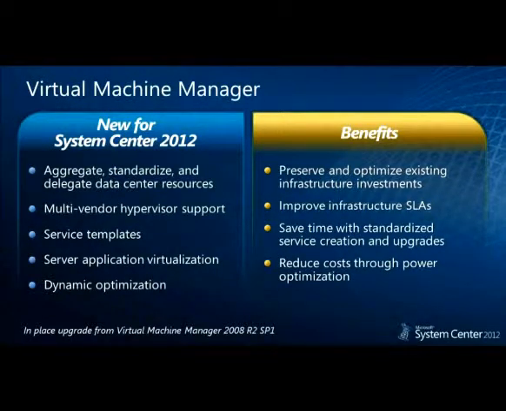Virtual Machine Manager also allows you to keep your private cloud infrastructure healthy and well utilized. So we built some cool capabilities called dynamic optimization and power optimization. It allows you as an IT pro to set policy and say, here are some of the thresholds for memory, disk, IOPS, and storage that I want to monitor.